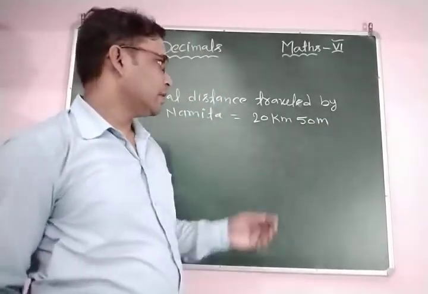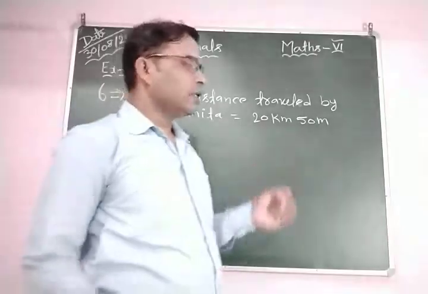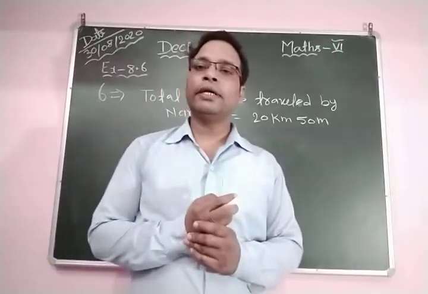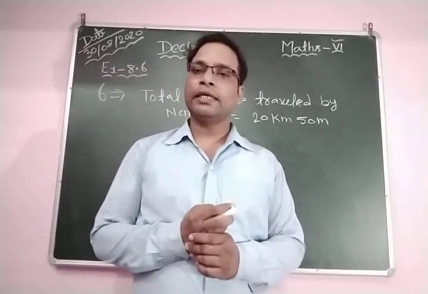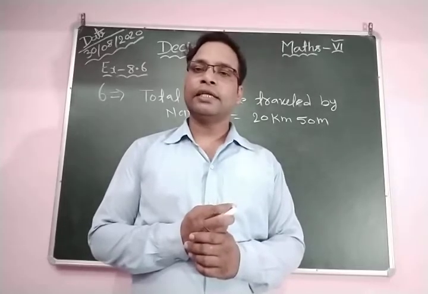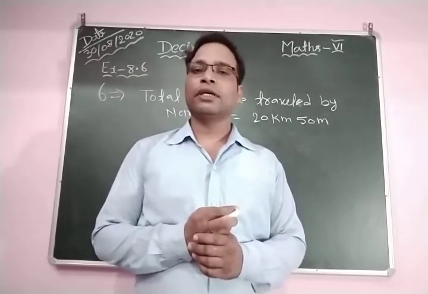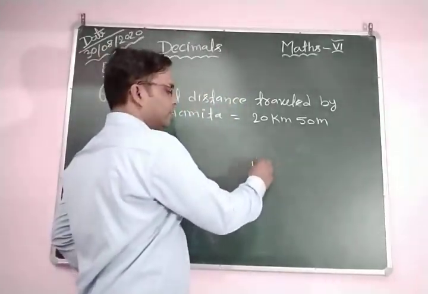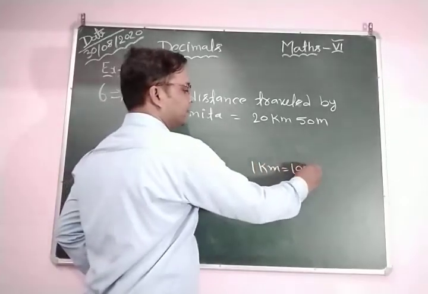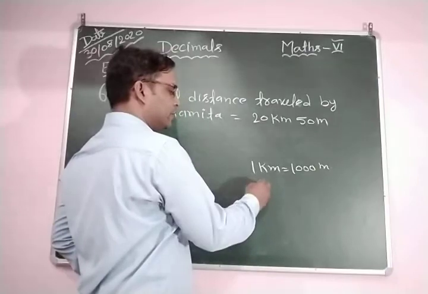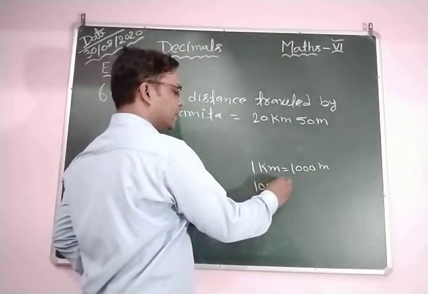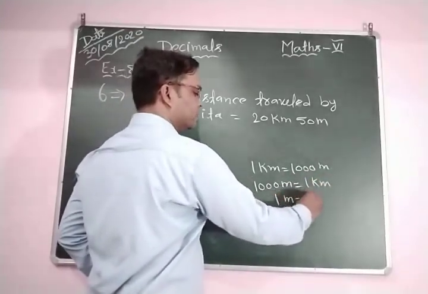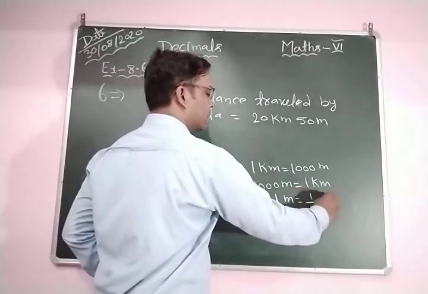Okay, so first we convert 50 meter into kilometers. So for this we need to know what is the relation between kilometer and meter. I think all of you know, in chapter 2, the relation between kilometer and meter is given. So we have 1 kilometer is equal to 1000 meter. Okay, or you can write 1000 meter is equal to 1 kilometer, or 1 meter is equal to 1 by 1000 kilometer.